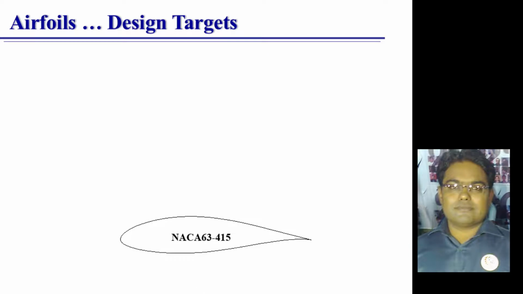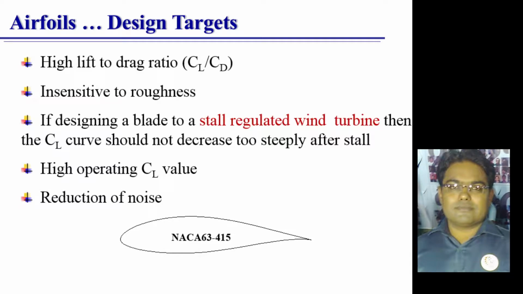So, what are the targets when deciding to design an airfoil to be used in a big turbine blade? First and most important, the target of airfoil design is to get a high lift to drag ratio.